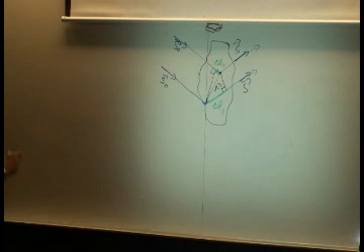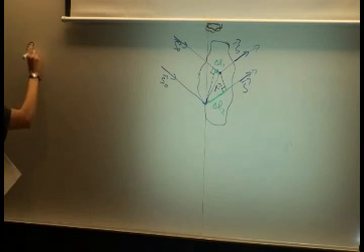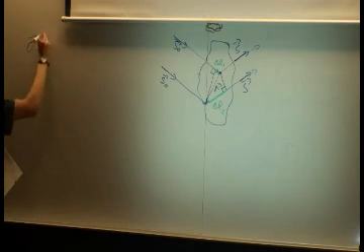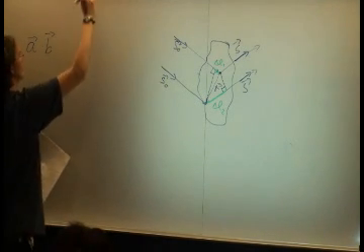Okay? One of them we already had up. The dot product between two vectors.